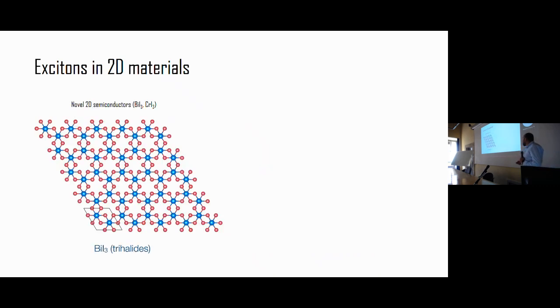And when you go to other semiconductors, like the case of bismuth iodine 3, or if you go to a magnetic semiconductor like chromium iodine 3, the physics of the exciton is very, very similar. Now you can imagine that here I have taken out one atom of bismuth or chromium.